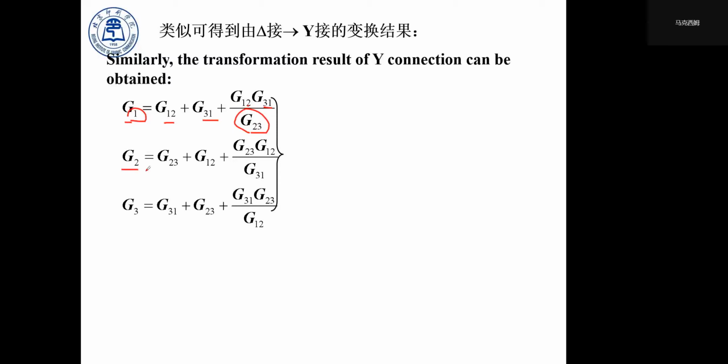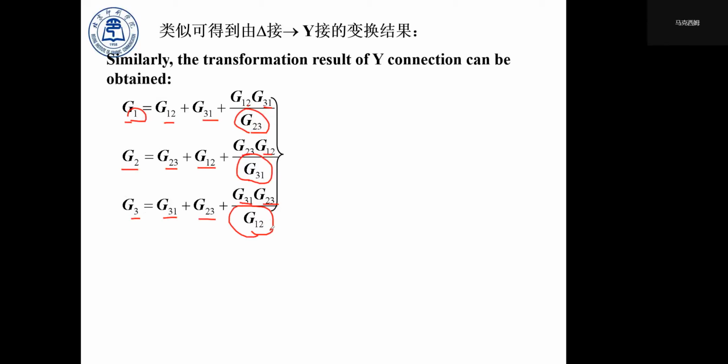And G2 equals G23, G12, and G31. So you see there's no 2 in here. G3 equals G31, G23, and G12. There's no 3 in this corner.